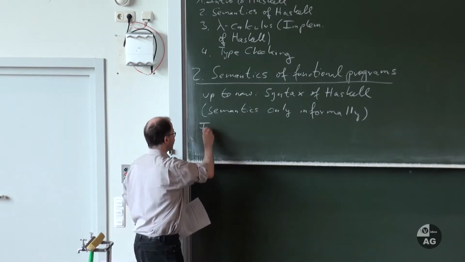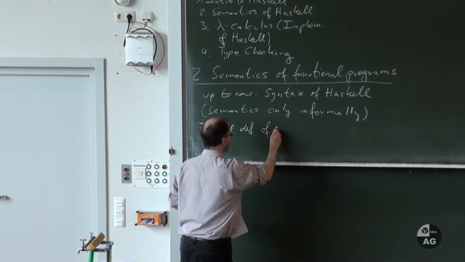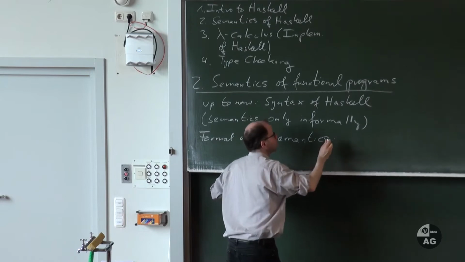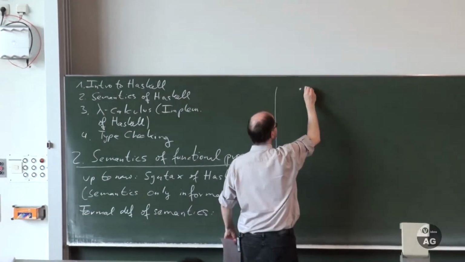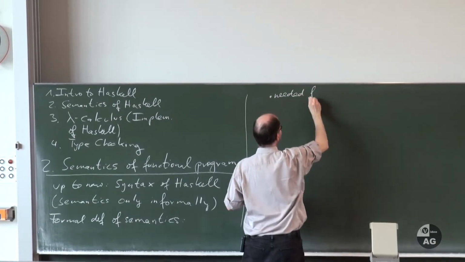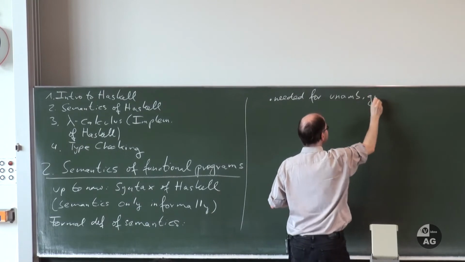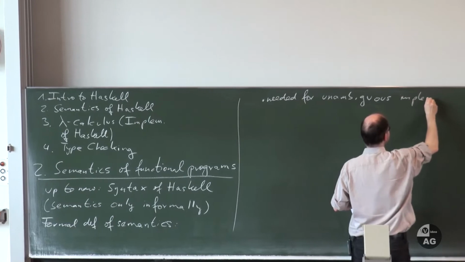So a formal definition of the semantics. Why is this needed? Well, it's needed if you want to implement a language. So it's needed for an unambiguous implementation of compilers or interpreters.